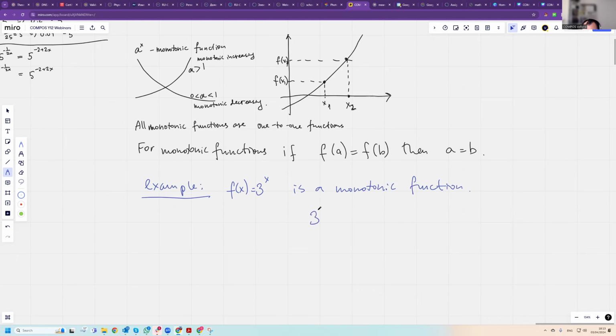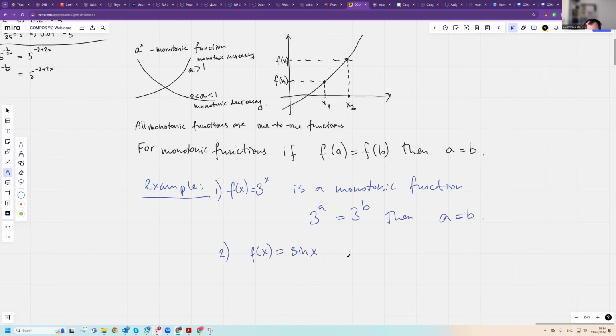So if 3 to the power a equals 3 to the power b, then a equals b. It has to. Well, let's do another simpler example.